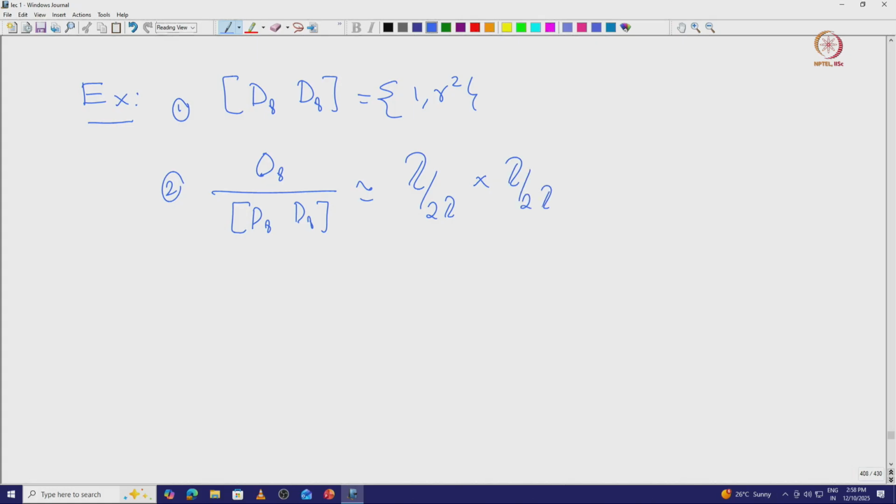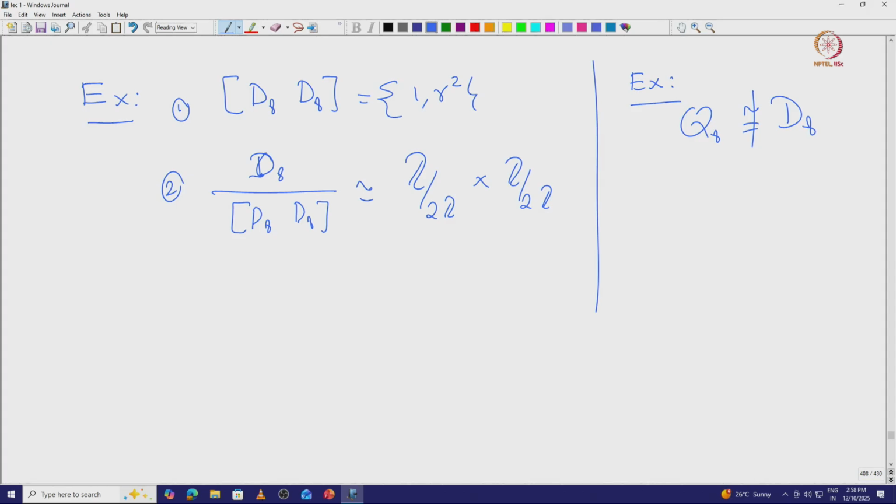So, indeed we can see that there is some similarity between the groups Q8 and D8. Again, it is not very difficult to prove that Q8 is not isomorphic to D8. But what is the similarity?